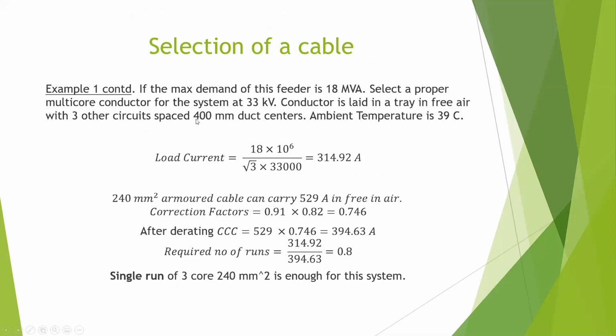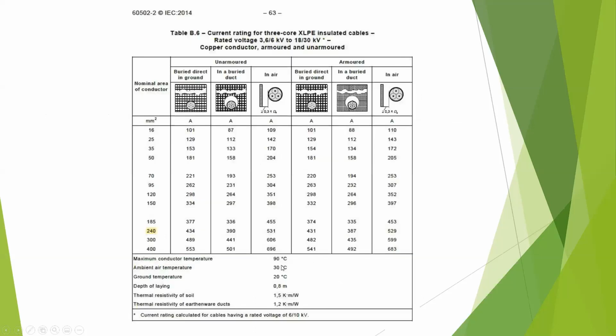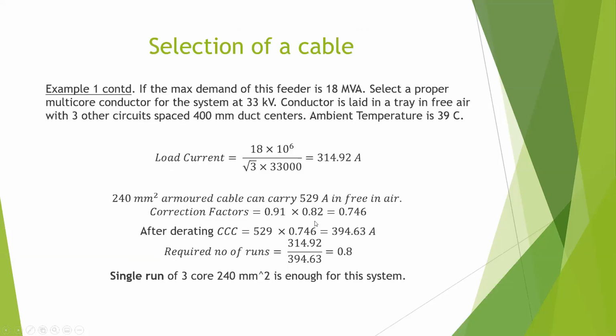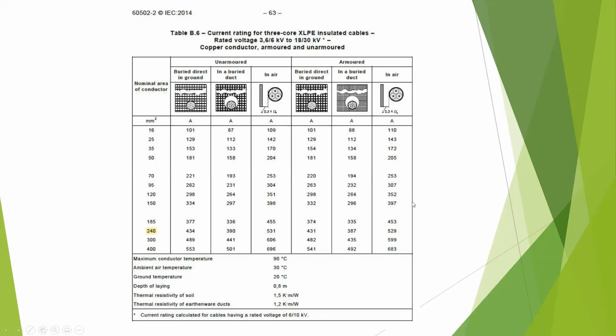So in here, our details are given as cables laid in free air, ambient temperature is 39, and spaced 400 millimeters. And in the table, ambient temperature is 30. So we can't use this data directly. What we are going to do is take the in air value.